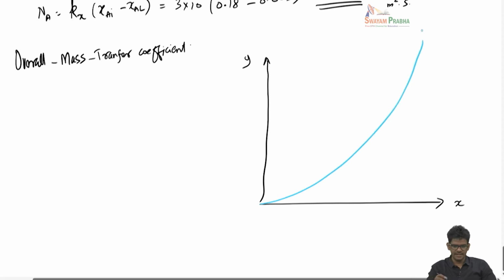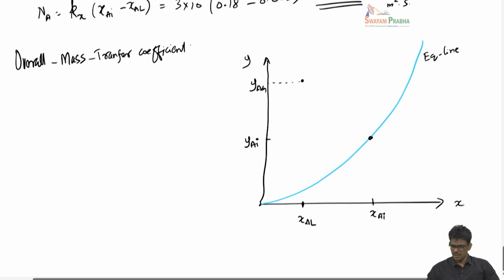This is my equilibrium line. So my point P is here. This is YAG and the corresponding XAL. This denotes the bulk concentrations of the two phases. And the point M is here, denoted by YAI, the interfacial concentration we talked about just now.